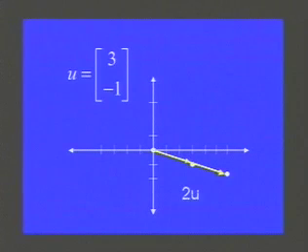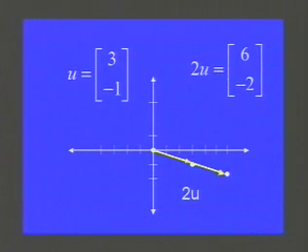That yellow vector now is the vector 2u. As you see, it's in the same direction, it's just twice as long. 2u was (6, -2). So as far as the geometric vector, all that happens is that it's twice as long, same direction.